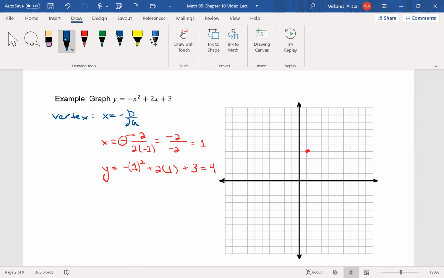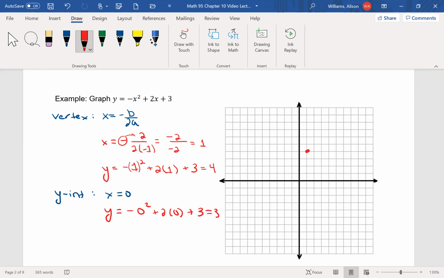Okay, so now let's find, we'll start with the y-intercept. And the reason is plugging in 0 for x is very easy. I'm just literally going to plug in 0 for x, like how we did above when we were plotting the points. That's super easy. So plugging in 0 for x is going to give me 3.